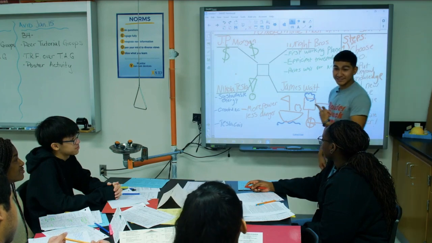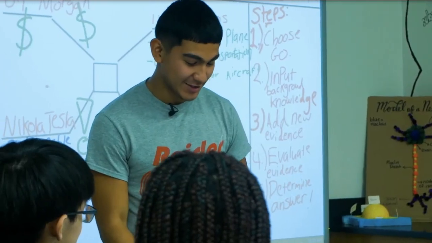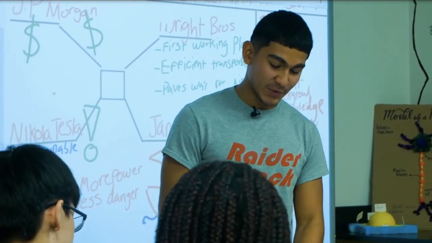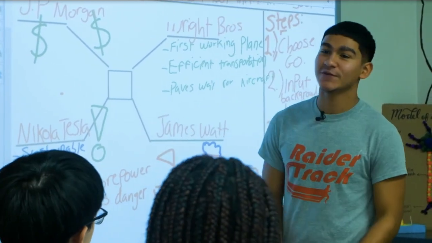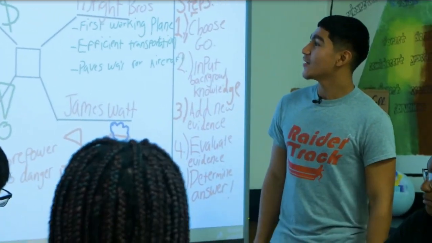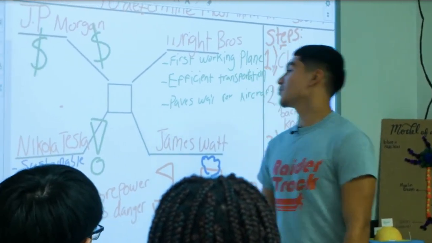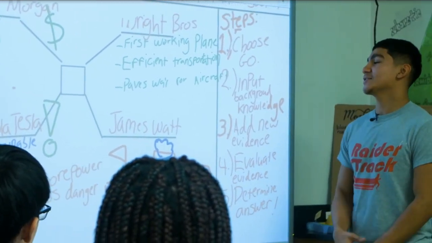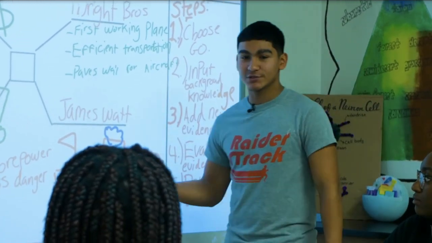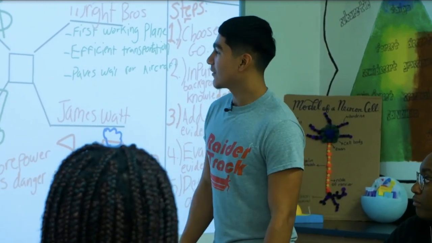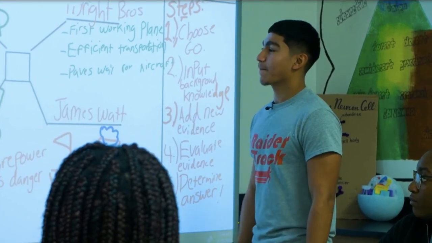Want me to do my 6-second synthesis right now? Yes, please. Okay. I came in here today not knowing who was the most influential person of the Industrial Revolution. And now I'm convinced it's Nikola Tesla. The steps that I went through to get to this was, first I had to choose the graphic organizer. And then after that, I had to put my background knowledge.